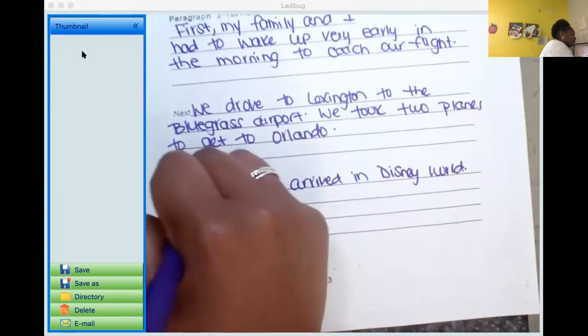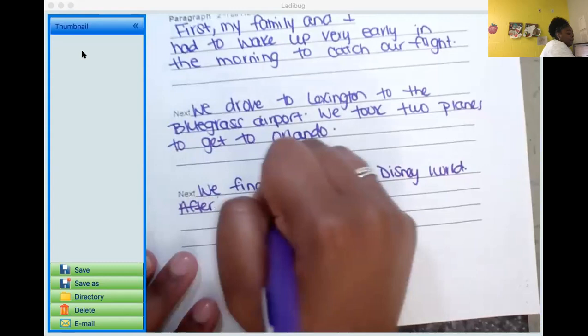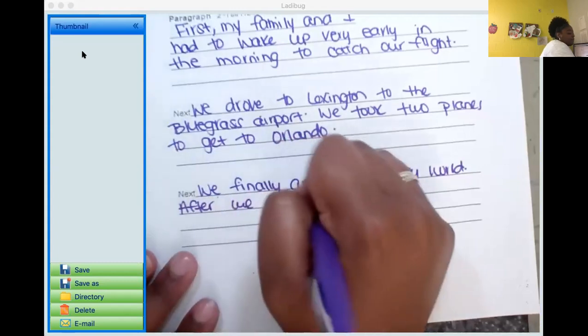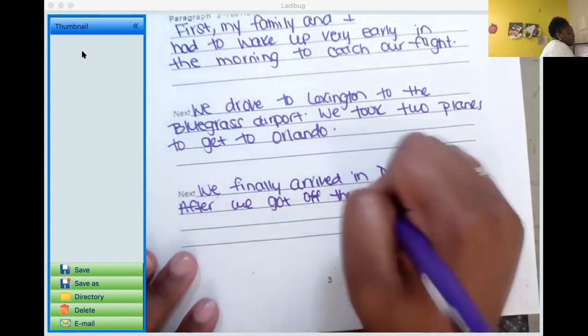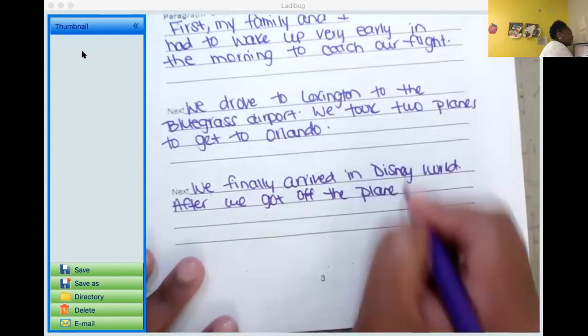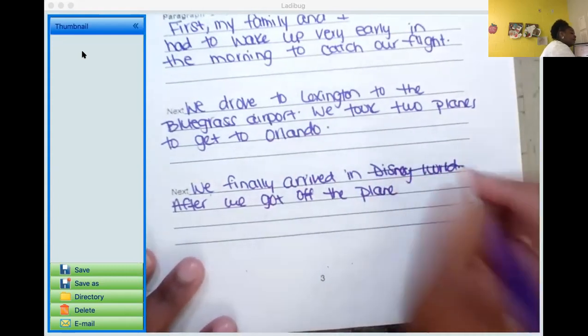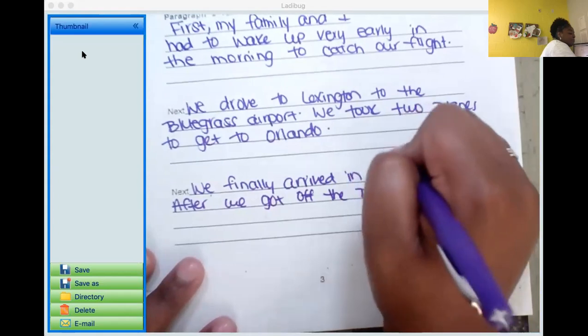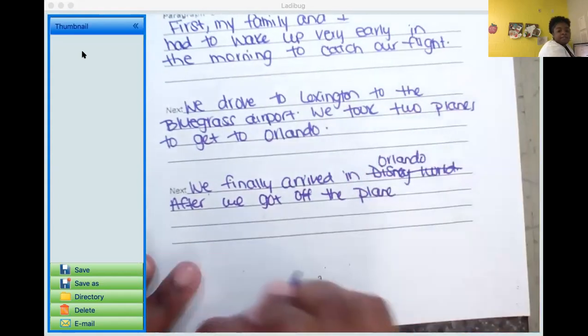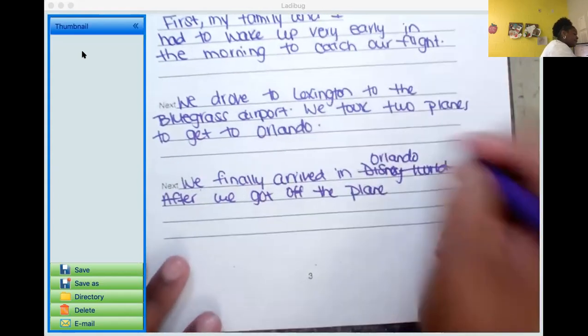After we got off the plane, actually, I should kind of revise this to say we finally arrived in Orlando. Because you don't just take a plane straight to Disney World, okay?